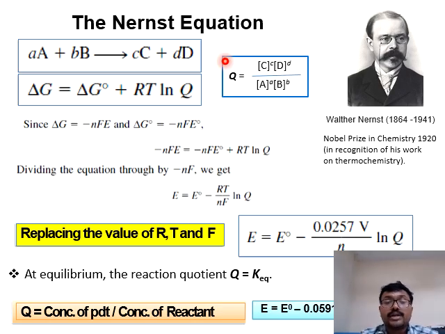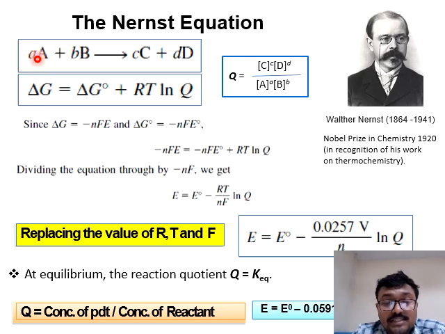Next one, very important, the Nernst equation. The Nernst equation is E equal to E0 minus RT by nF ln Q. Q is called the reaction quotient.